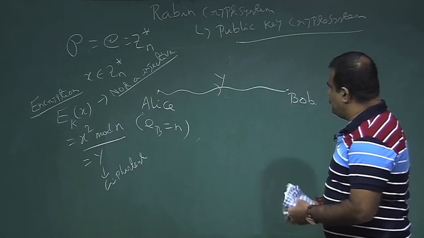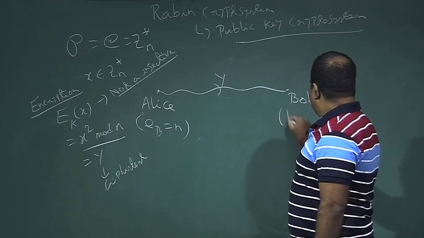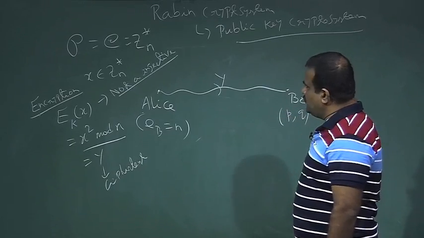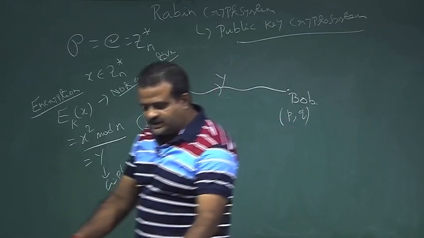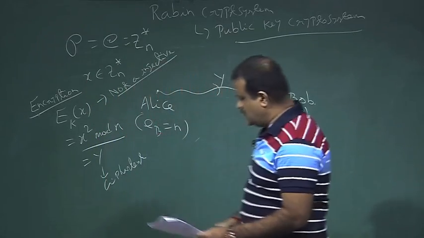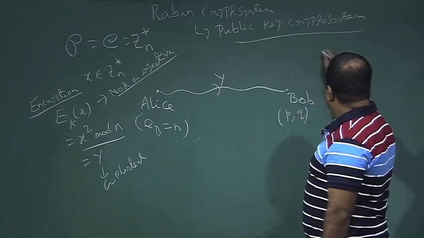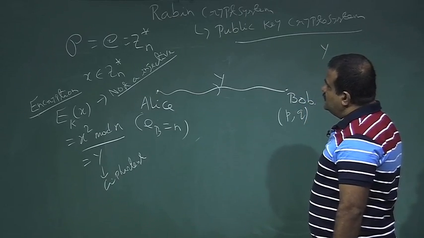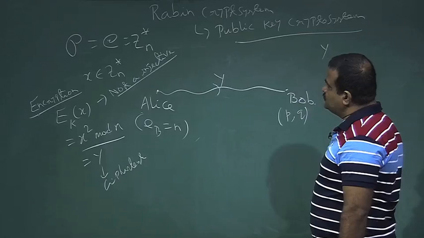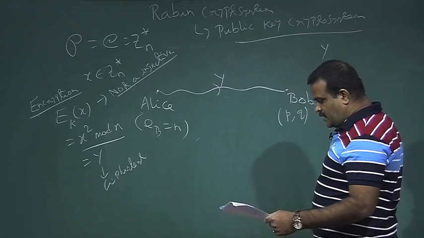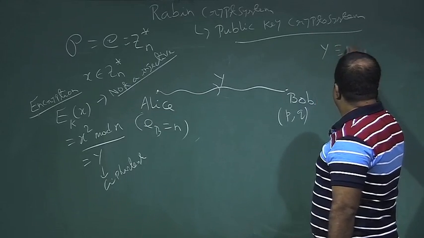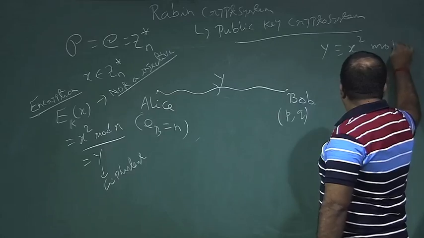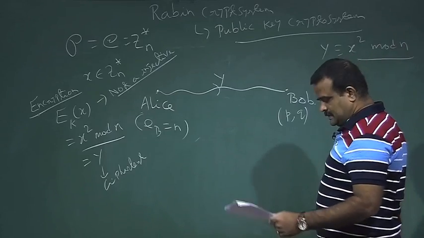So, Bob is having p and q, and n is the Bob public key. Now, Bob is getting y. So, y is basically some x square mod n. Now, Bob needs to get back x.